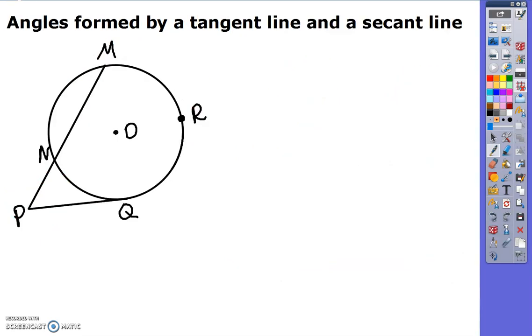Angles formed by a tangent line and a secant line apply in the exact same fashion as the two tangent lines. It's still large arc minus small arc is half the angle.